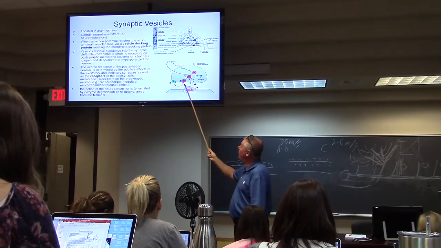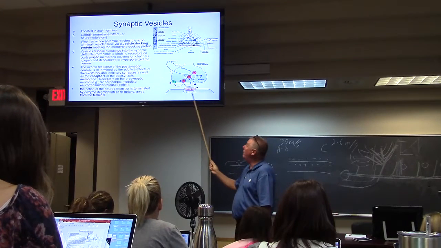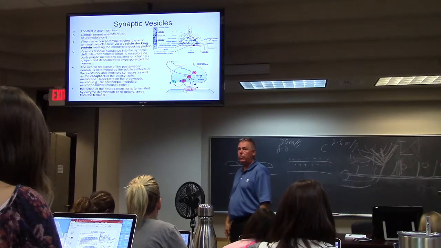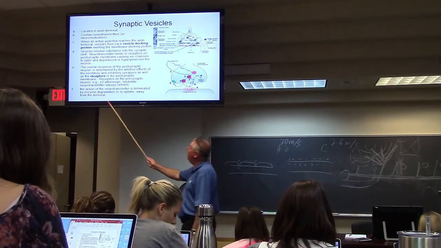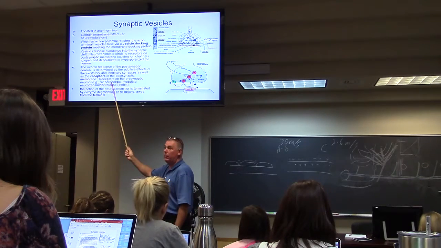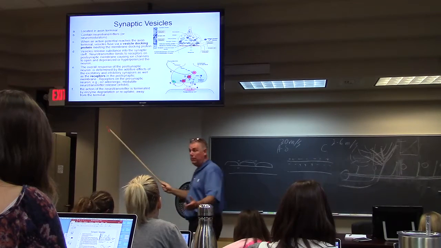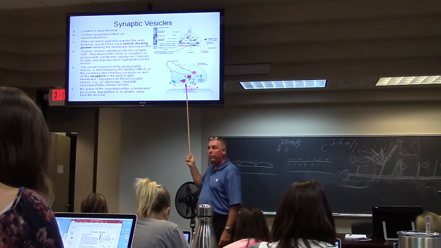If you dump out norepinephrine into the synaptic cleft, it's going to bind to an alpha-1 or a beta-1 receptor, and you'll learn these receptors in physiology. But in the case of an alpha-2 adrenergic receptor, it's on the presynaptic membrane and actually inhibits the release of norepinephrine presynaptically.